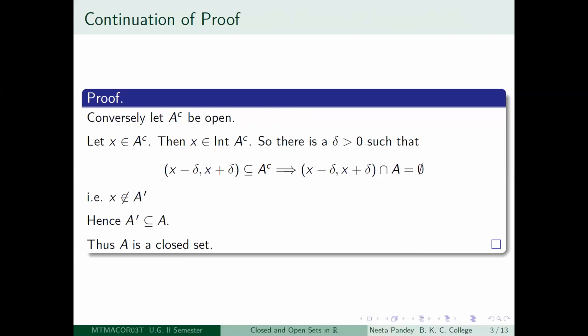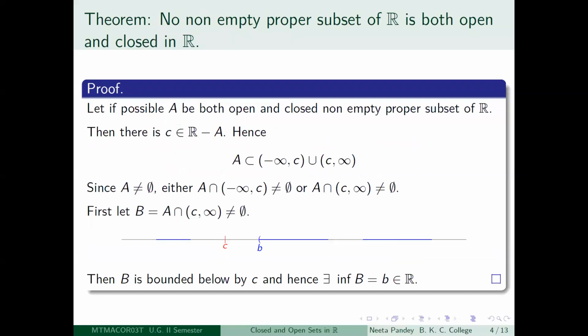Okay, so the next result is slightly in a different vein, but it tells you that if you take any non-empty proper subset of R, then it can be open, or it can be closed, or it can be neither open nor closed. We have seen many examples of open sets and closed sets.